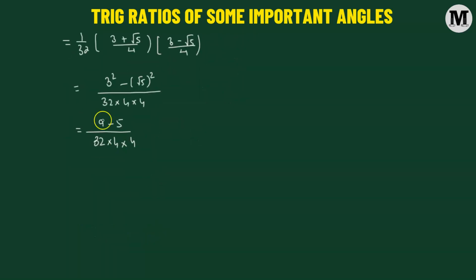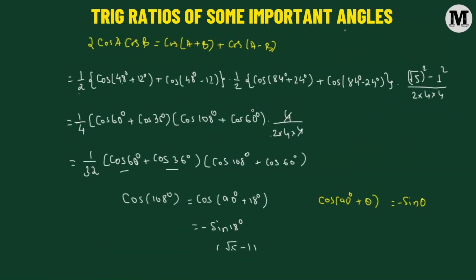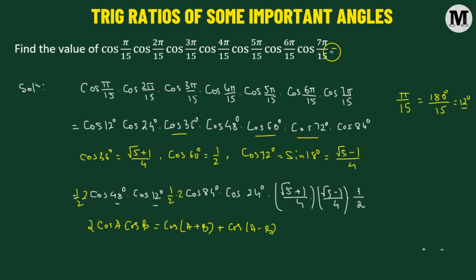Now 9 minus 5 is 4. So we have 4 divided by 32 times 4 times 4. We can factor out 4 from the numerator and the denominator, and that leaves us with 1 over 32 times 4, that will be 128. Now that means the value of the given trig expression is equal to 1 over 128.